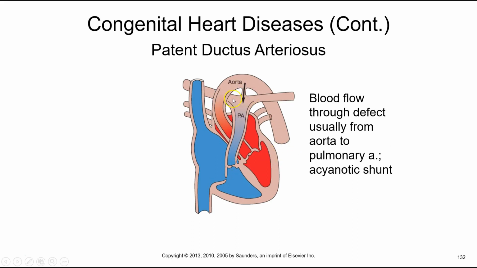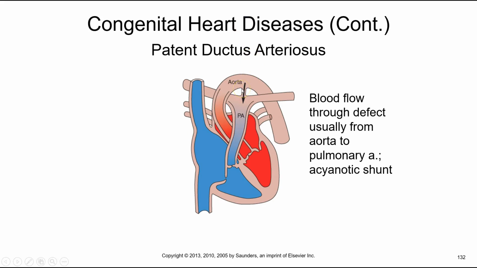Now, another embryology thing, another shunt that's normal for embryology, is to have a ductus arteriosus. A connection between the pulmonary trunk and the aorta is also part of fetal circulation, meant to bypass pulmonary circulation and mix oxygenated and deoxygenated blood from the placenta.